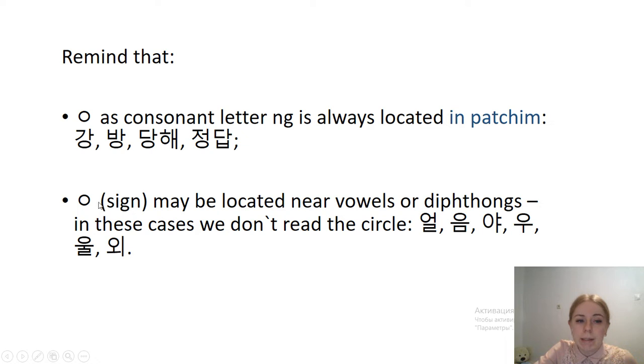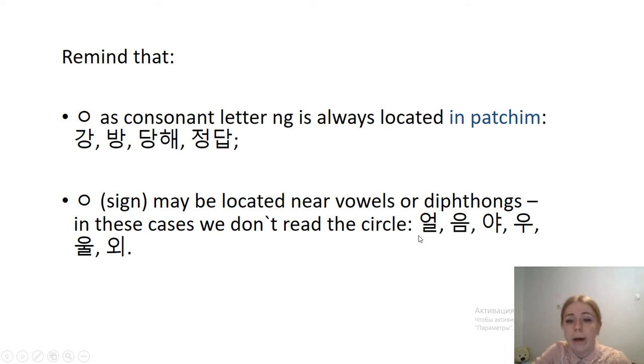If we see this sign, not like a consonant letter but a sign, in this case, this circle, it may be located near vowels or diphthongs. And in this case, we don't read this sign. We don't read the circle.